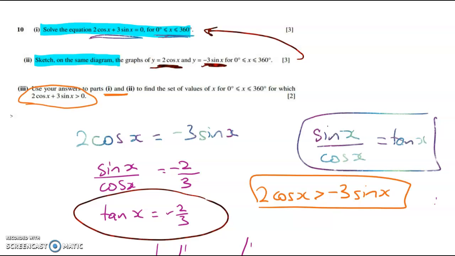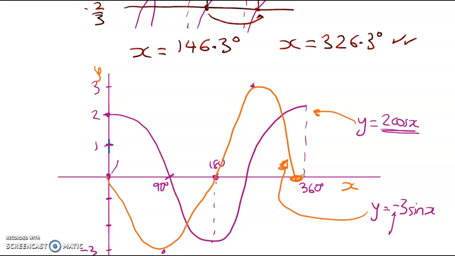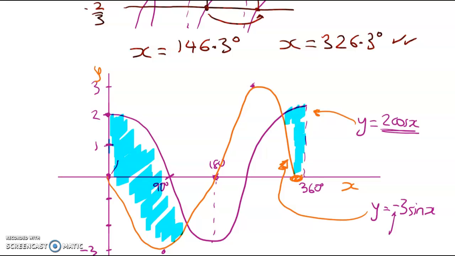So if we've drawn our graph well, this is going to be very easy. We can see the regions in here. We want the cosine graph being bigger, so everywhere in here it's going to be bigger, and then it's going to happen again just at the very end.